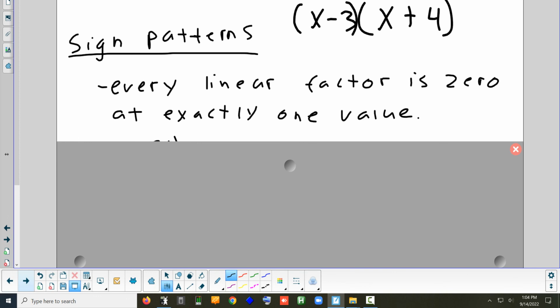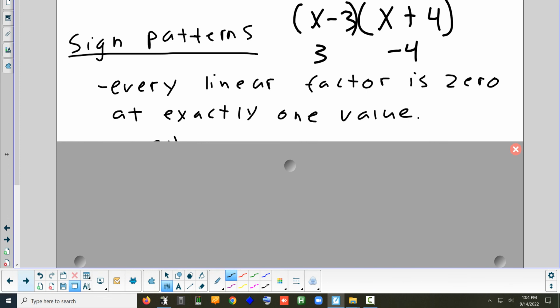Exactly one number. What could you plug into the first factor to make it 0? Yep, 3. And how about the second factor? -4.